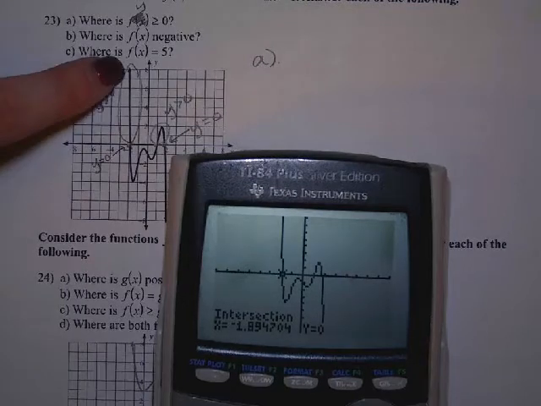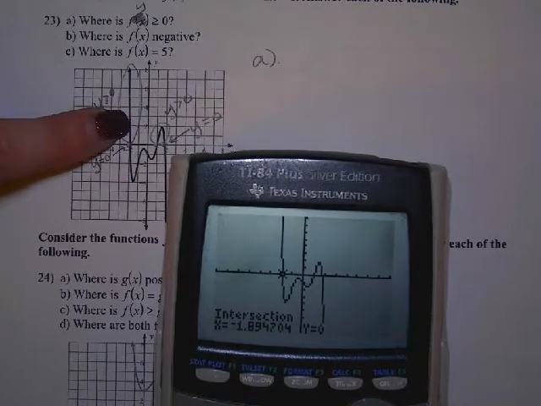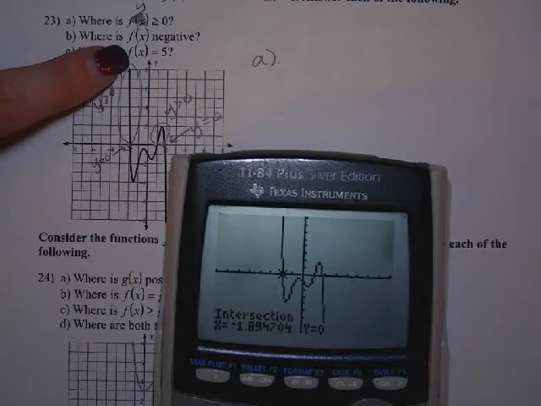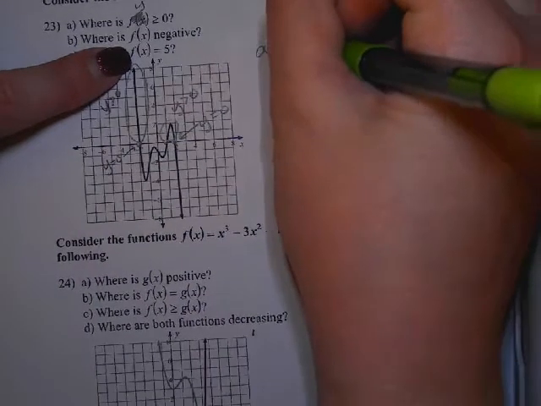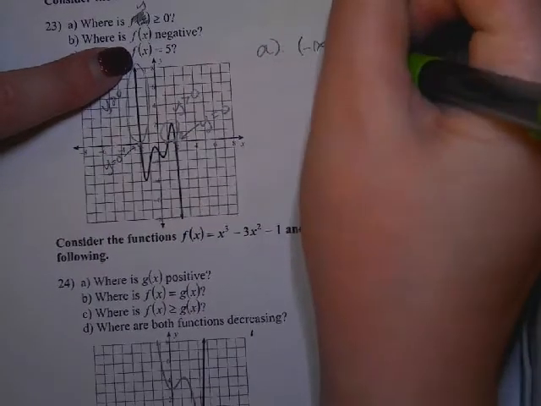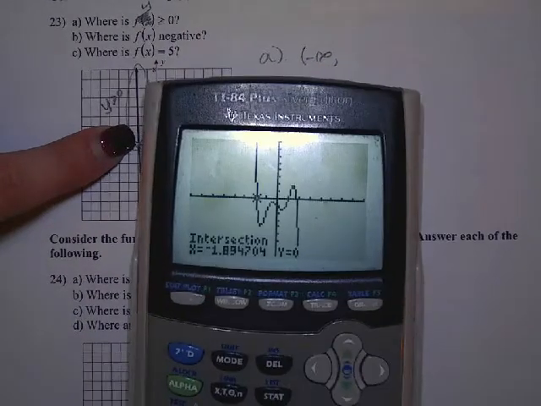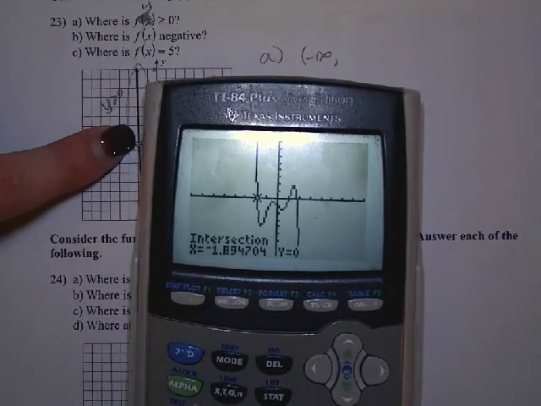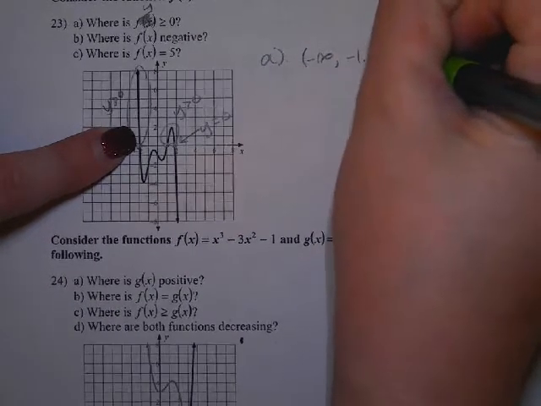Okay, so how do we write this answer? We're doing x values. Our first x value is an arrow. What x value is that? -infinity, because it's an arrow that's going to the left. So we're going to say -infinity to the x value of the x-intercept, which is -1.895.